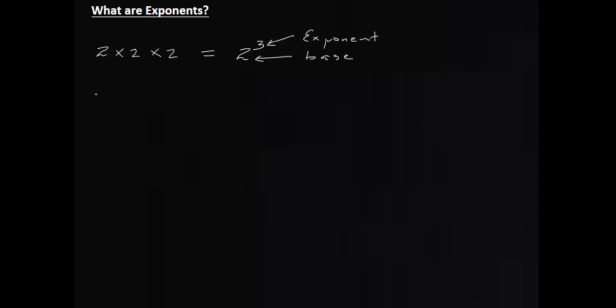Let's look at another example. Say you're given an expression a multiplied by a multiplied by a and multiplied by another a. That is a multiplied by itself 4 times. The shorthand notation of writing the expression would be a raised to the power of 4.